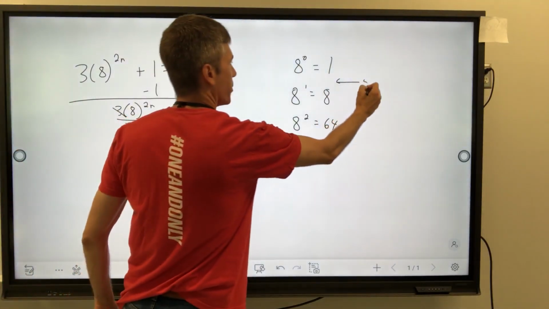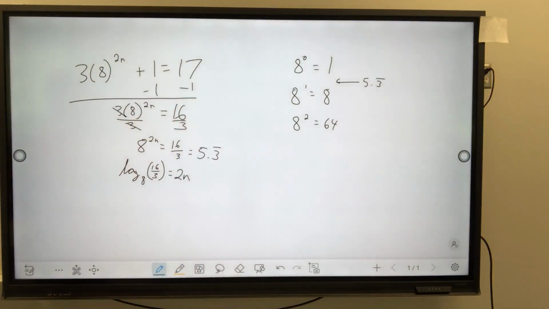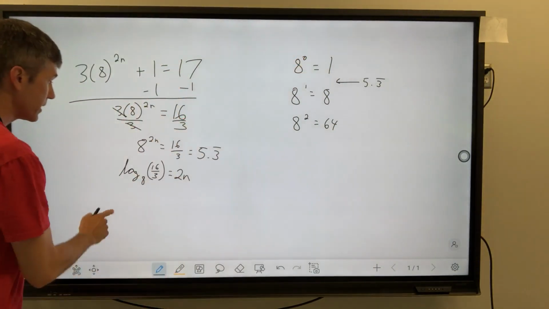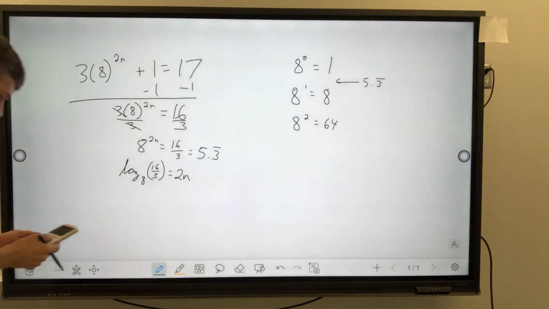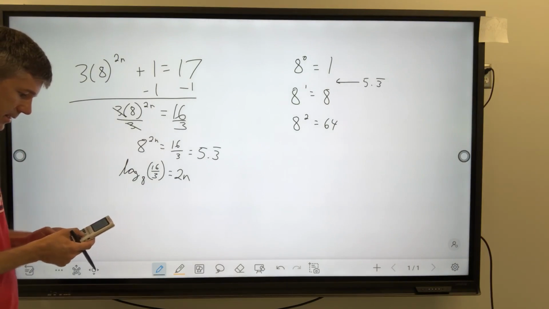And so 5.3 repeating is there. So my answer is going to be somewhere between 0 and 1. All right? So we're going to type this in. We're going to figure out what it is. Log base 8 of 16 thirds. Let's type it correctly. That would be a good idea.